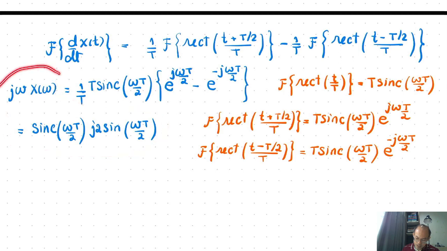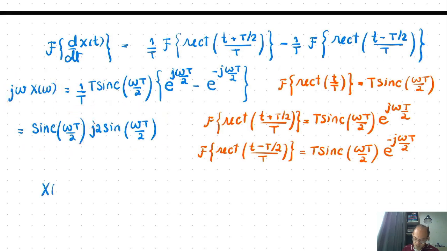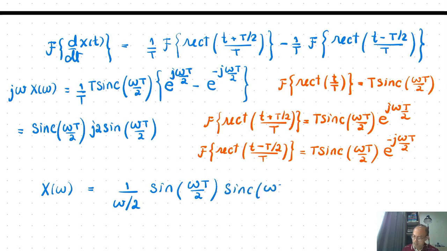So we have this now. Now, I'm going to divide through by j omega, right? So j will cancel. So I have X of omega, which is what we are looking for, equal to 1 over omega over 2, right? And then sine of omega T over 2 and sin of omega T over 2.